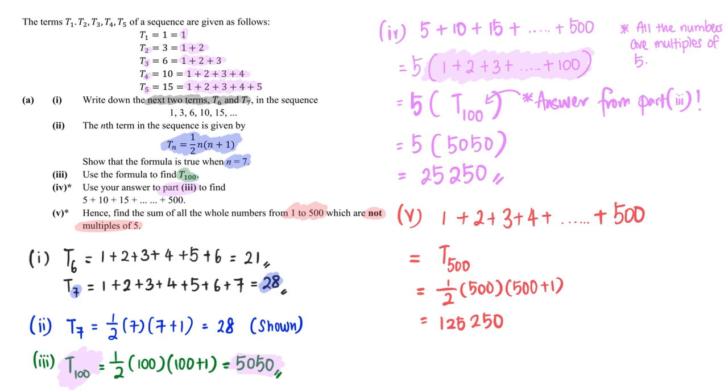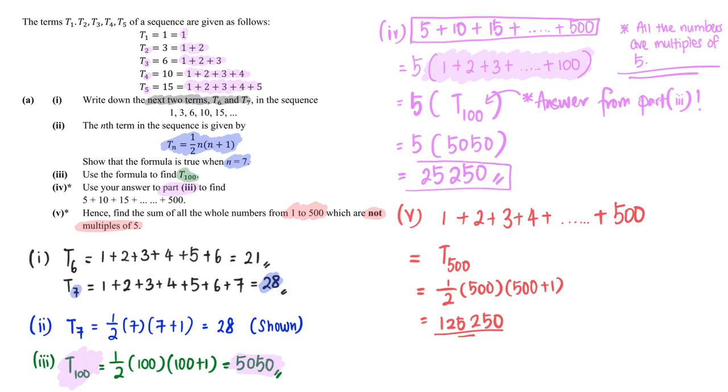Because we are actually tasked to find the sum of all the whole numbers from 1 to 500 which are not multiples of 5. This includes multiples of 5. Wait a minute. Multiples of 5? Oh, multiples of 5.